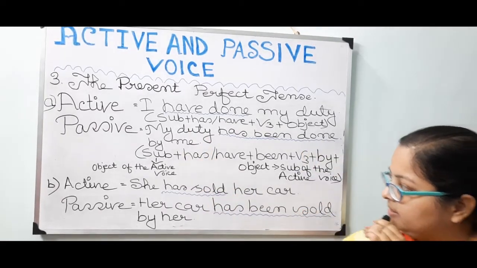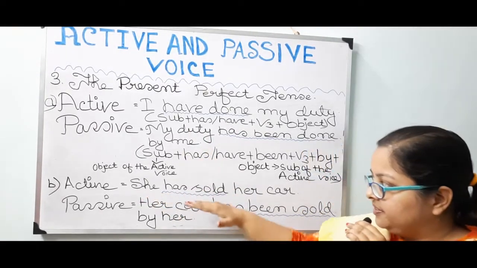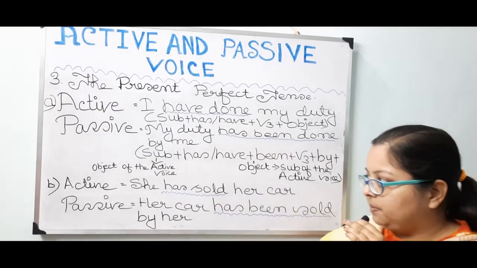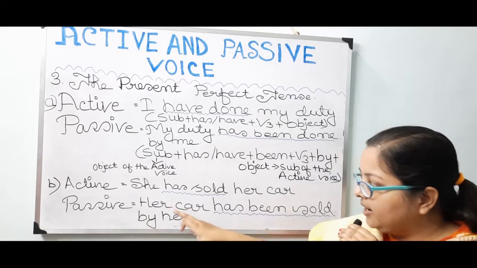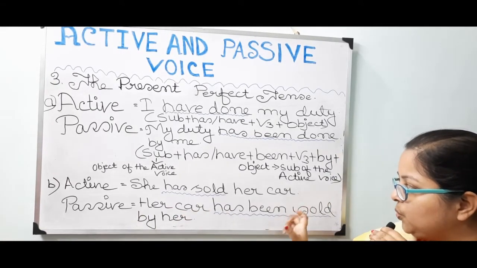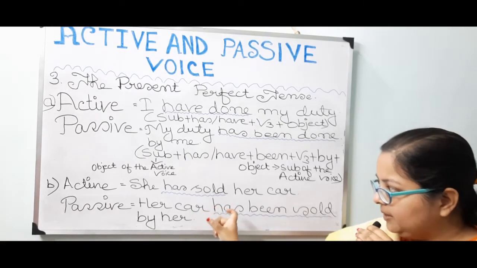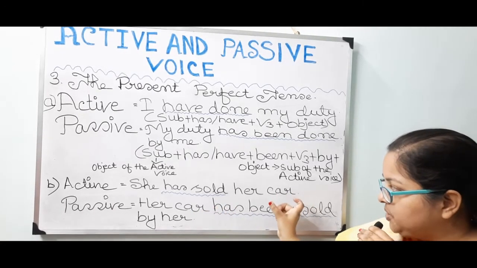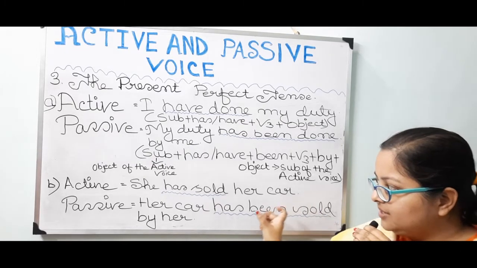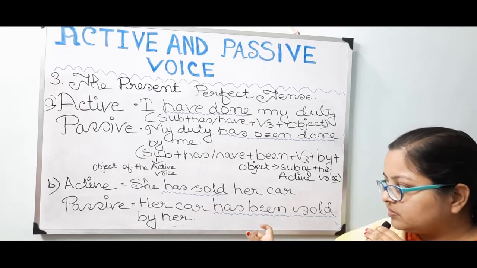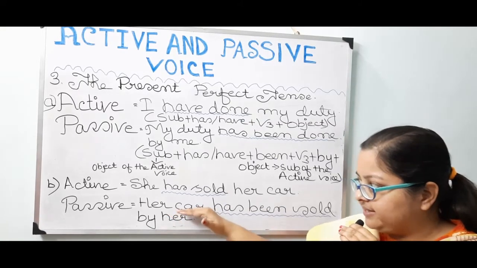Next sentence, number B, active. She has sold her car. Full stop. Passive, her car. So according to the rule, we have to put her car at first. Okay, the object of the active voice will turn to the subject, or will turn as the subject of the passive voice.